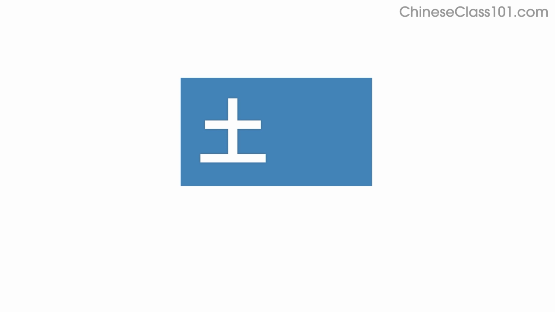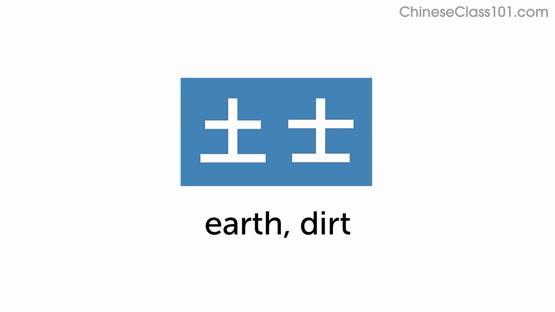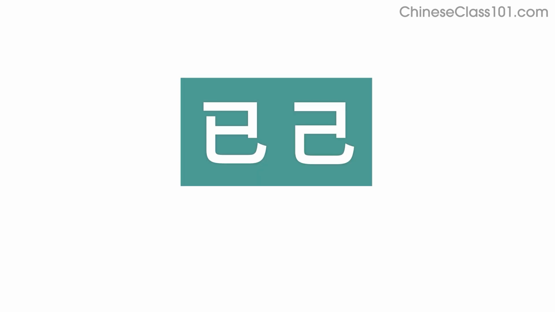Between this one and this one, which one means earth or dirt? Right, the one with the longer bottom stroke is earth or dirt. 土. Between this one and this one, which one means already?